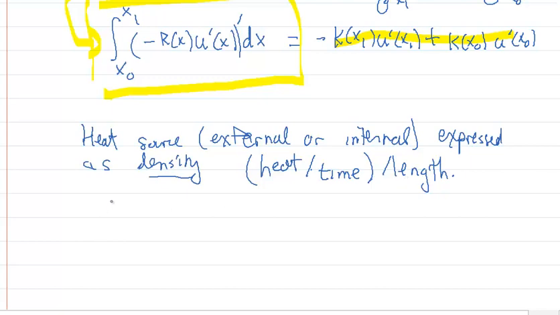Now, to get a total mass, you have to integrate the mass density. To get the total heat, you need to integrate the heat source density.